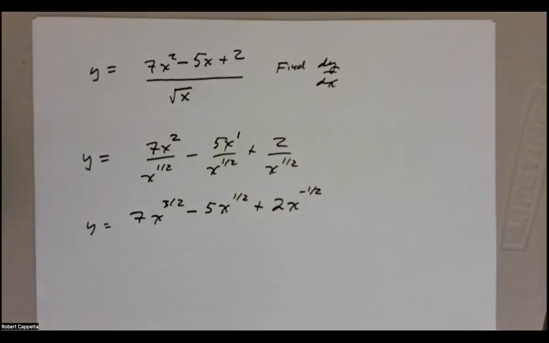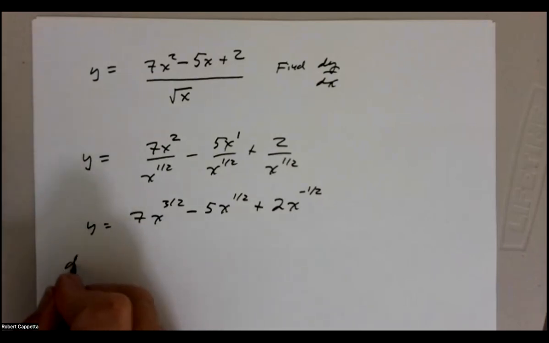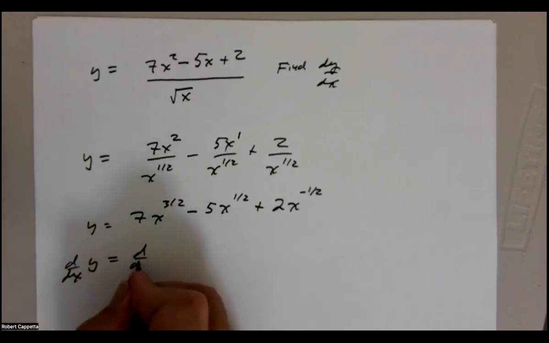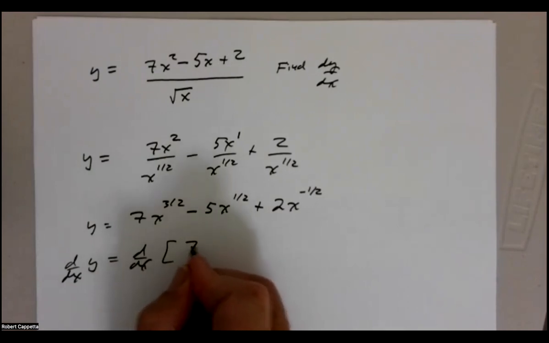All right, now what? Now we're going to take the derivative with respect to x of both sides. So the derivative with respect to x of y will be the derivative with respect to x of all of this stuff.